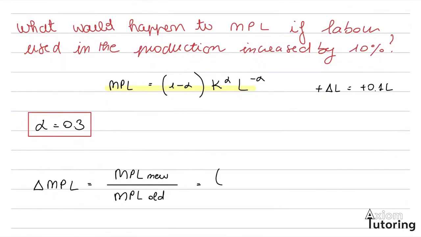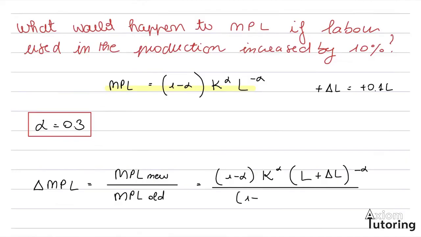So we are going to do 1 minus alpha, K to the power of alpha, L plus change in L to the power of minus alpha. And then we're going to put in the denominator the original equation. So here, as we said, this is going to be 0.1 L. So in total, this is going to be 1.1 L.